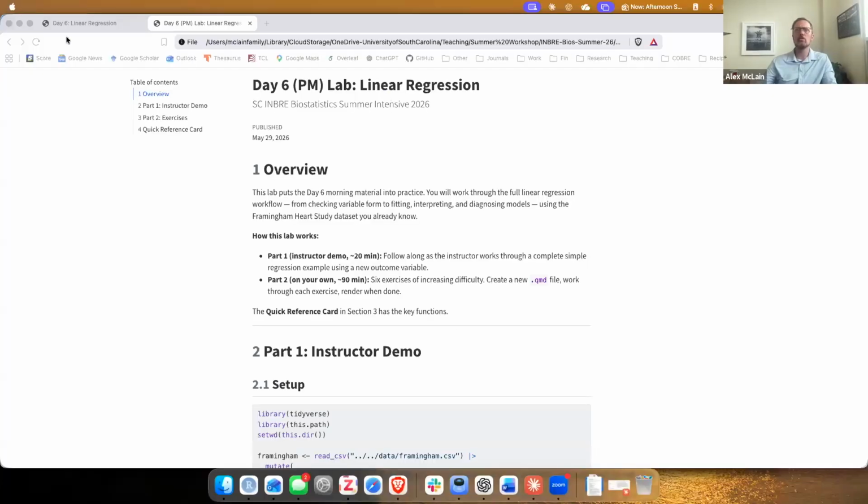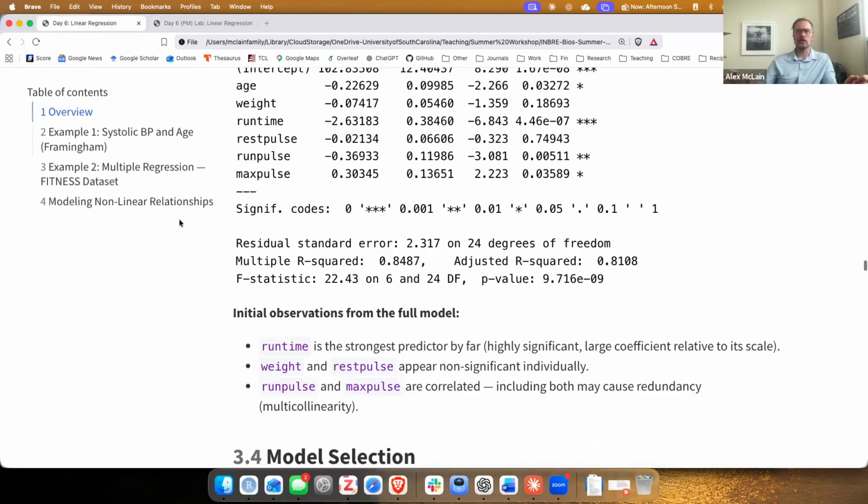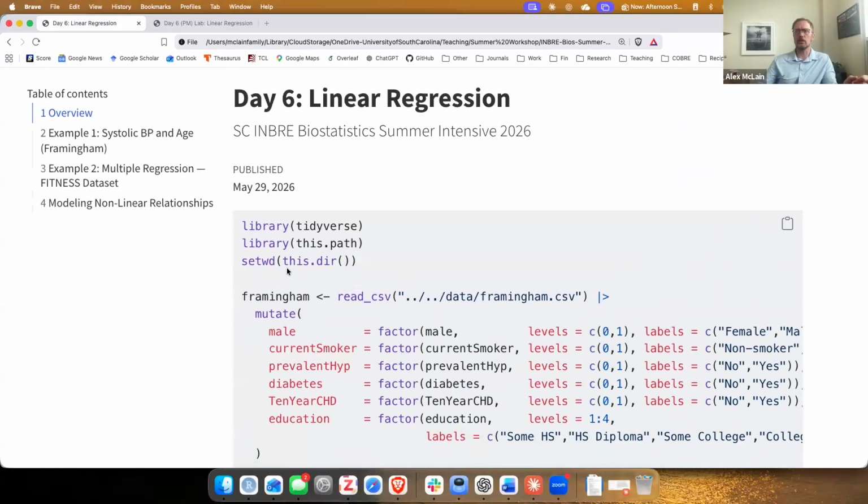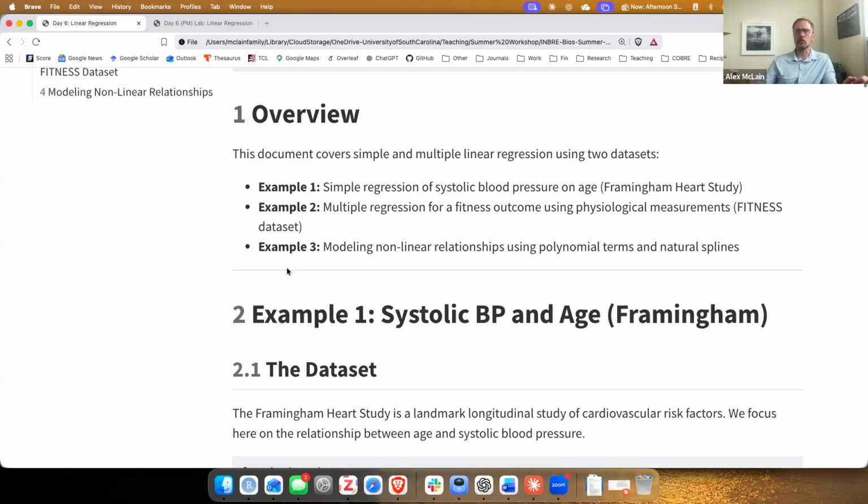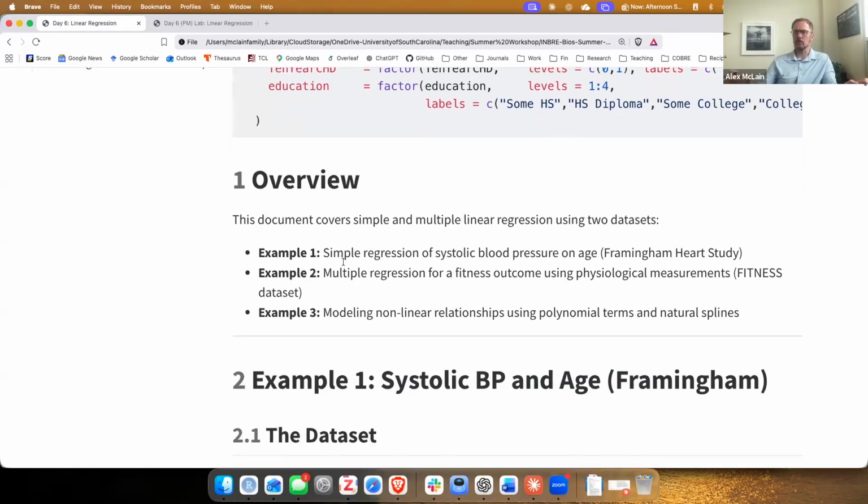So to start, I'm going to share my screen here. The main topics that we went over in the morning were how to fit a simple linear regression model, how to fit a multiple linear regression model, how to check the linear assumptions, the diagnostics, how to look for influential measures.